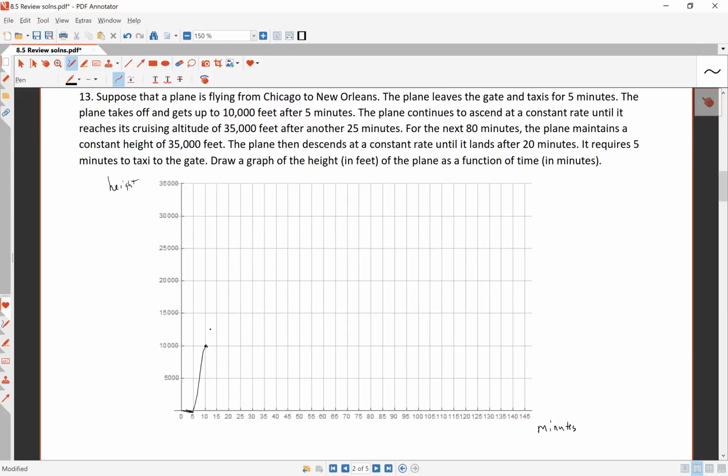The plane continues to ascend at a constant rate until it reaches its cruising altitude of 35,000 feet after another 25 minutes. So that's 35 minutes, and we're now up to cruising altitude.